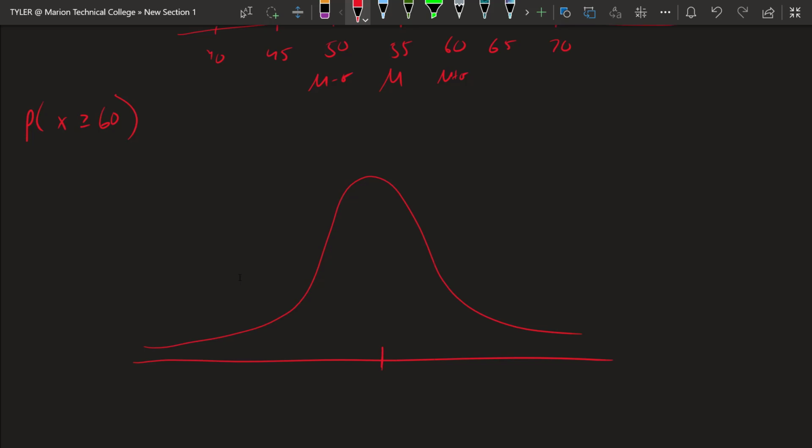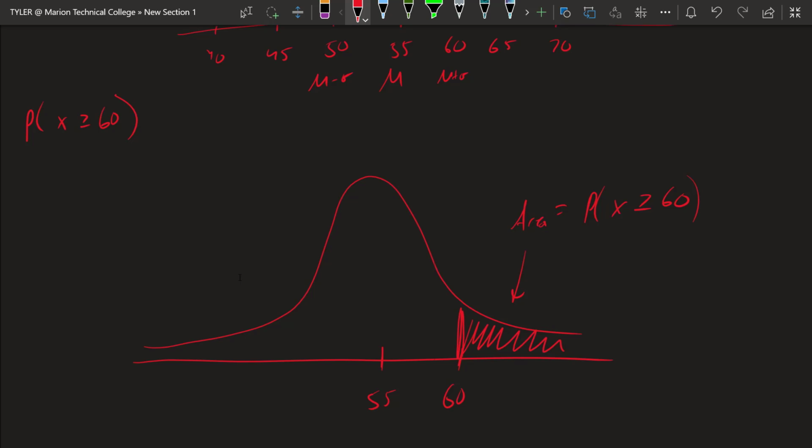I know in the center is going to be my mean of 55, and somewhere over here is going to be 60. So I'm trying to find this area here. This area is going to be equal to the probability that x is greater than or equal to 60, right? And we can use StatCrunch to calculate that area, and we've looked at that multiple times so far.